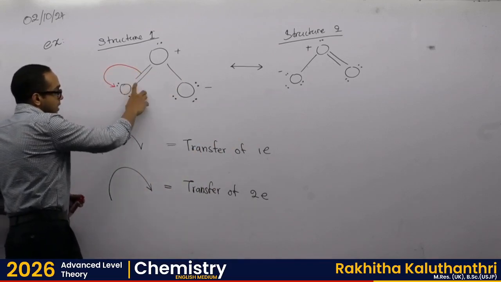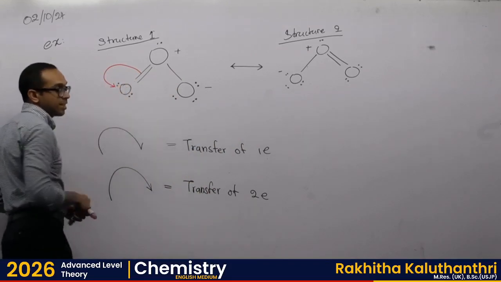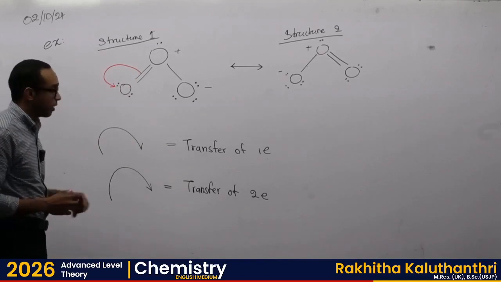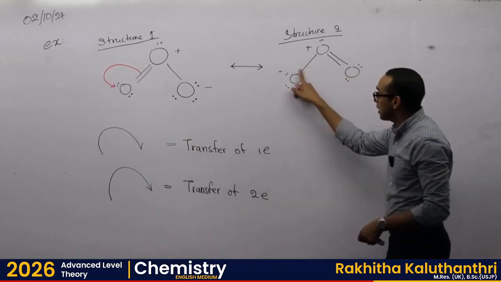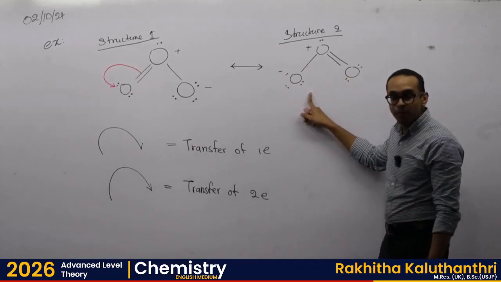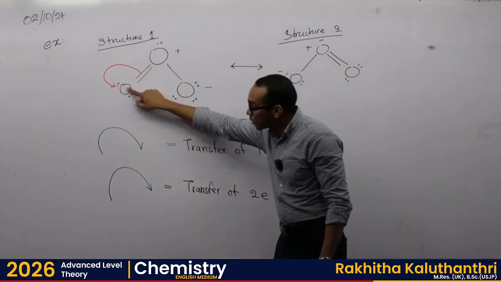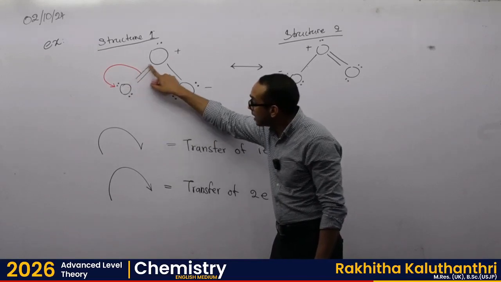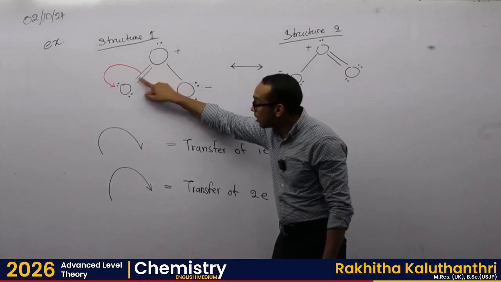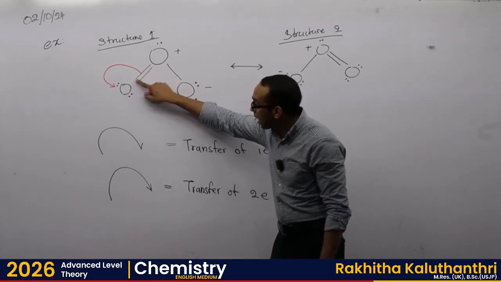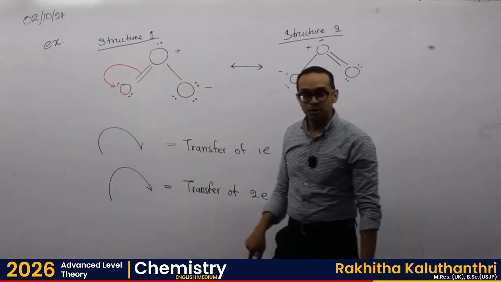It has 6 valence electrons of its own, but once the transfer has taken place, it gets a negative charge. Why? Because apart from getting its own electron back, it is getting the electron that belongs to the other oxygen as well. This bond contains 1 electron from this oxygen and 1 electron from that oxygen, and both go into this oxygen.